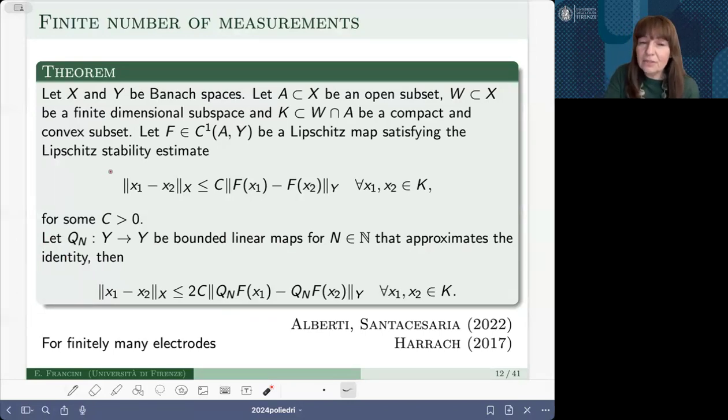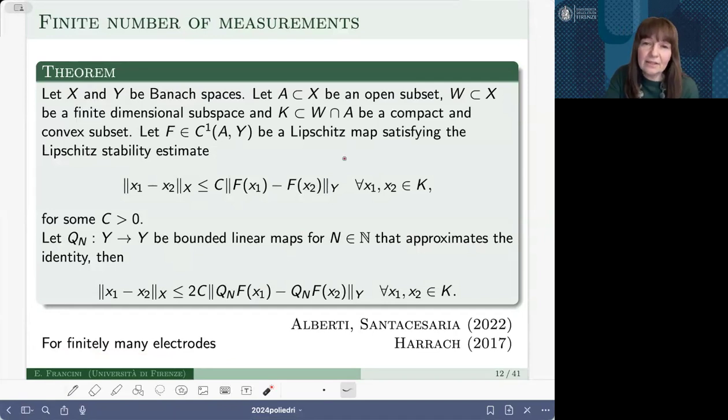So somehow in this result, the Lipschitz stability estimate with the full map can be used as a starting point to prove a Lipschitz stability estimate with a finite number of measurements. In this kind of result, in which K is a compact subset of a finite dimensional subspace, there is also a previous result by Arrak, which proved that it holds also for finitely many electrodes.